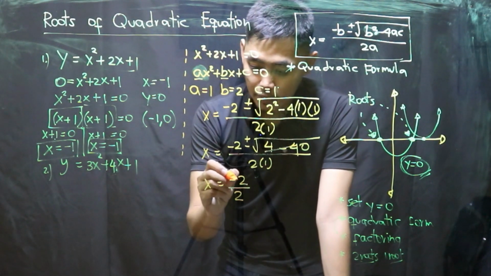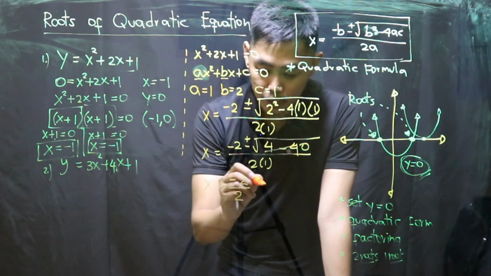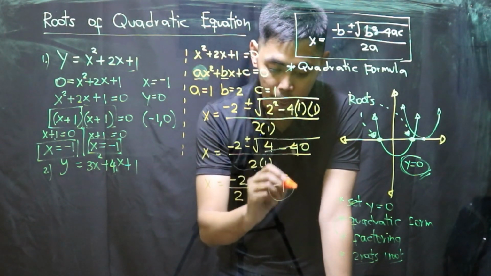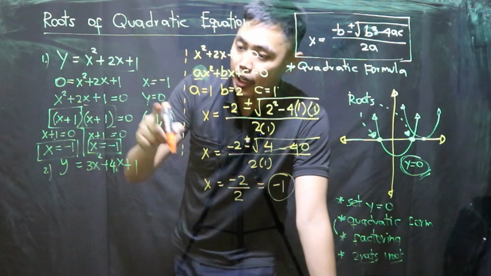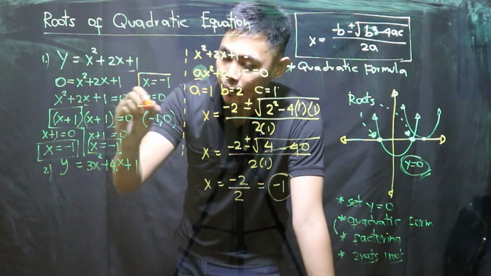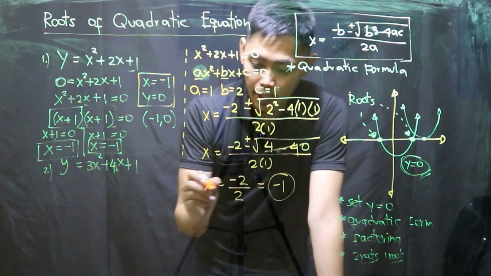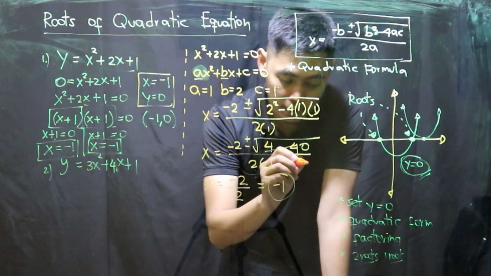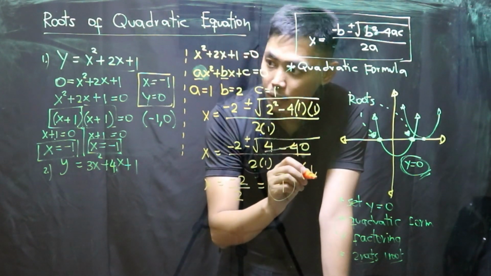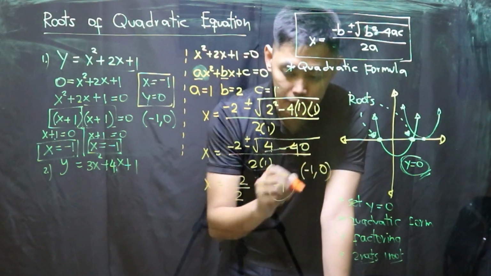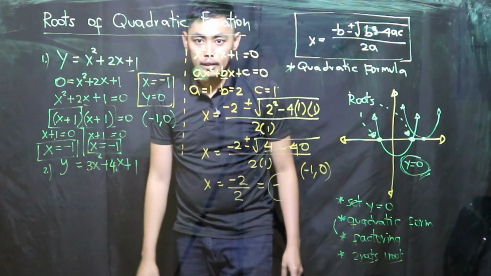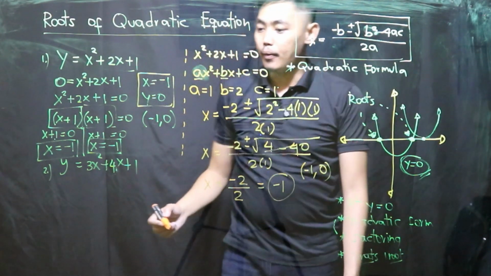And then negative 2 over 2 is equal to negative 1. So we have the same answer here. Okay, so x is equal to negative 1, and then y is equal to 0. So this is the root of that particular equation.